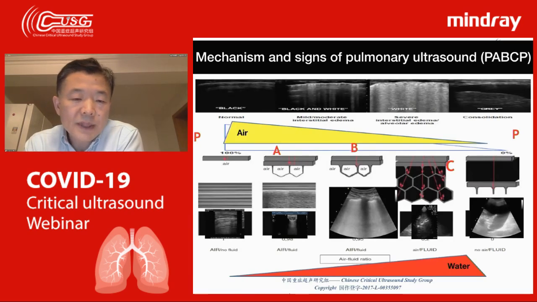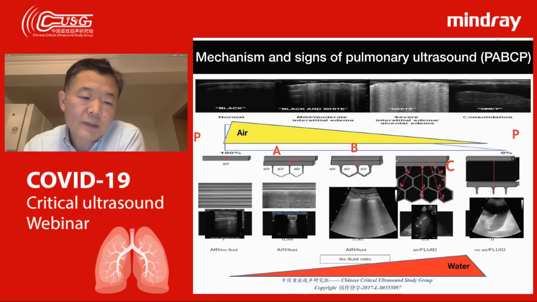So mostly the lung ultrasound image is based on the air and the tissue, the ratio between these two matters. If there is only air, you will see the A line, but no lung sliding, like the first part. And we also call this pneumothorax. So A line, no lung sliding.